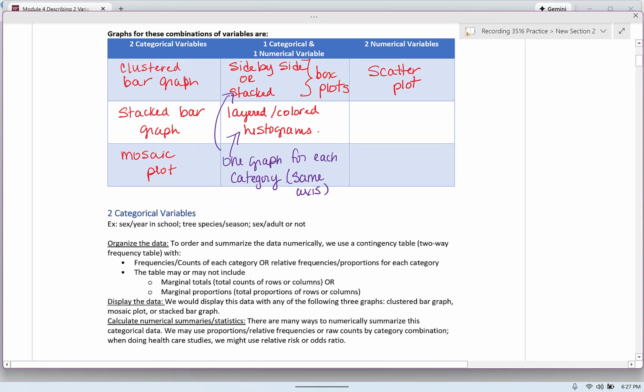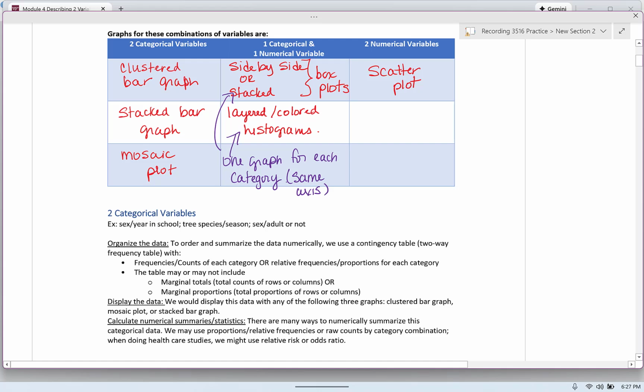So now, when we talk about numerical summaries of data like this, the numerical summaries that we use are going to be exactly the same numerical summaries we would have used with one variable data. When you have categorical variable only, you use proportions. When you have one categorical variable and a numerical variable, you do the mean, the median, or standard deviation, IQR, or five-number summary for each of your categories.